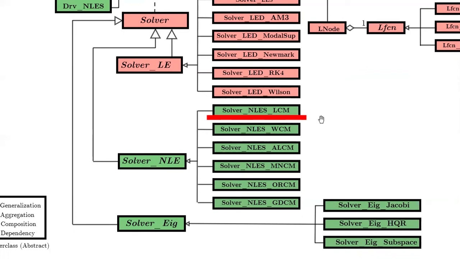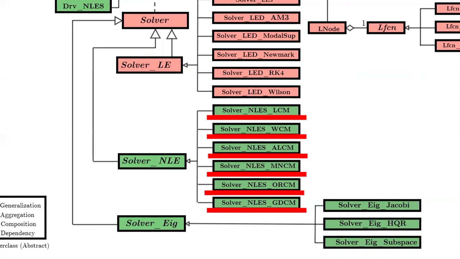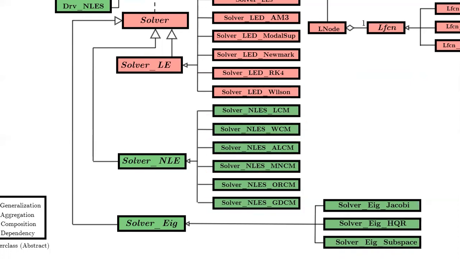So here we have LCM, WCM, ALCM, MMCM, ORCM, and GDCM. Those classes refer to load control method, work control method, cylindrical arc length, minimal norm solution, orthogonal residual strategy, and general displacement, respectively.